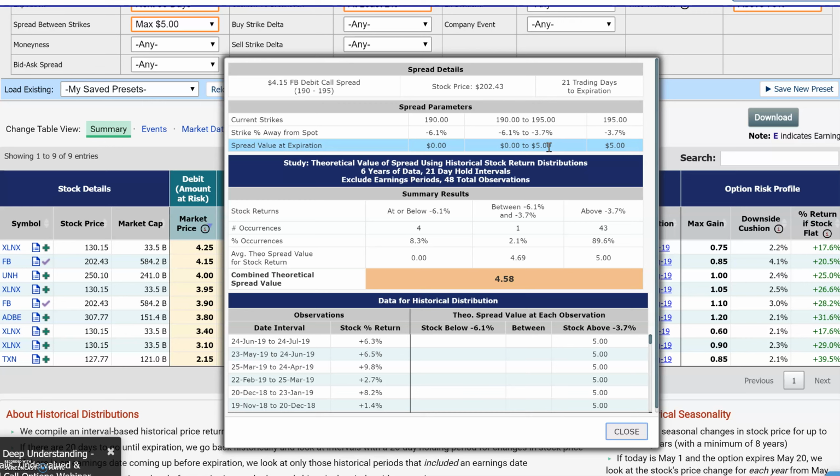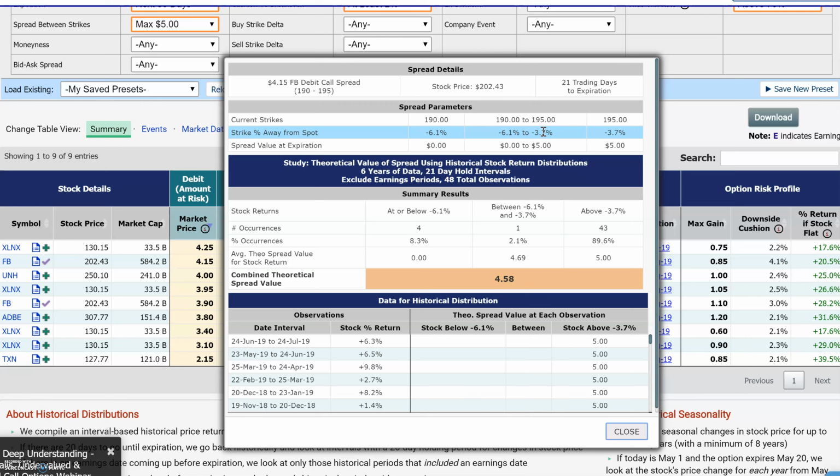So what we don't know for sure is the probability of these happening. What's the probability of it going below minus 6.1% in 21 trading days, or staying above negative 3.7% or higher in 21 trading days, or landing in between? And since we don't know that for sure, we go and look at the historical data, what it tells us, and how frequently this happened.